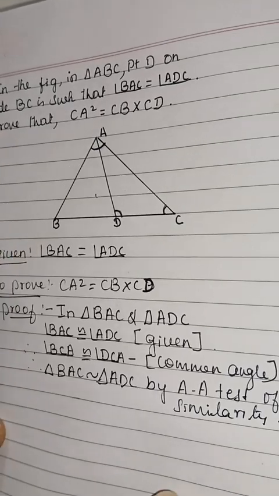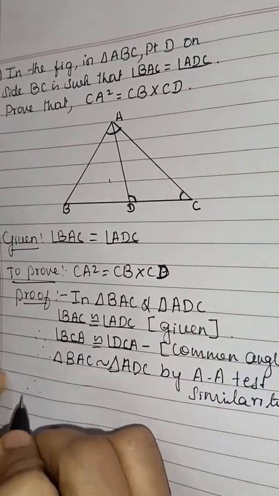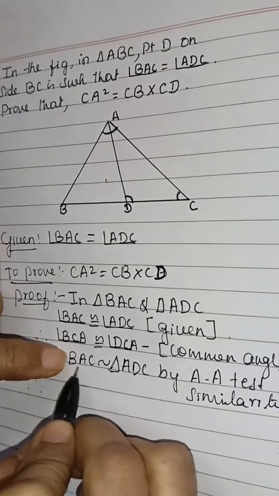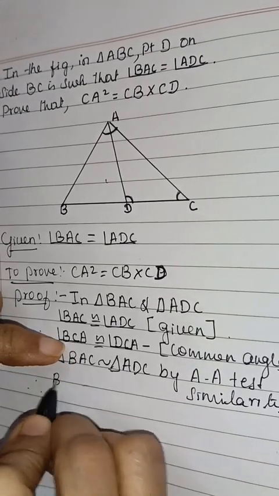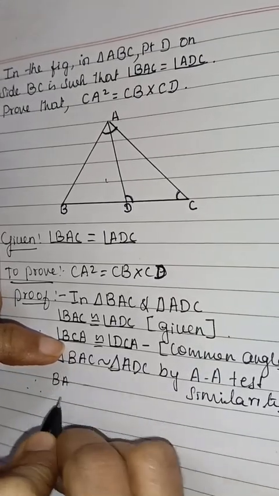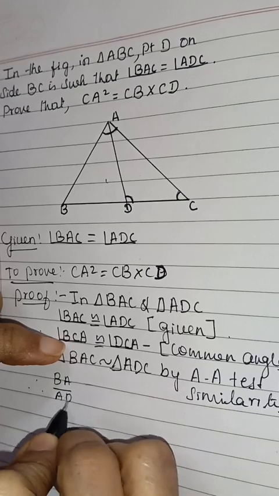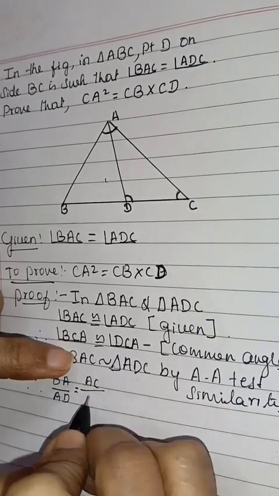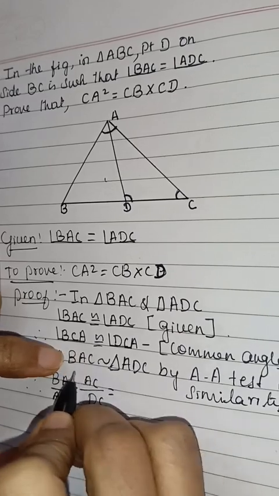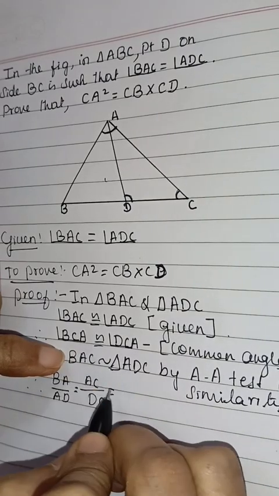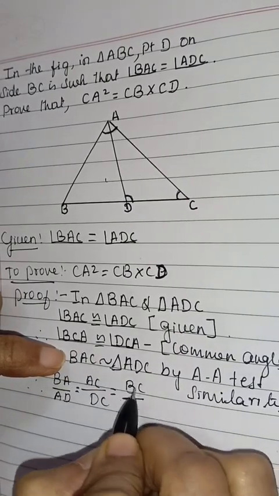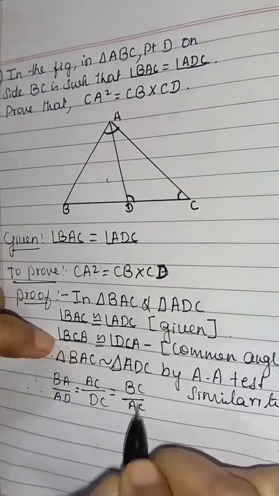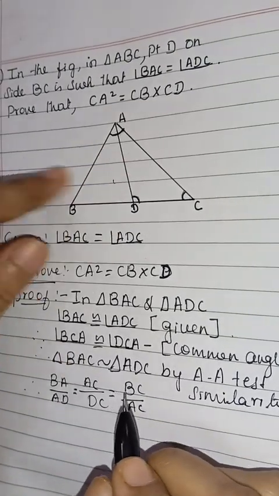Angle test of similarity. Therefore, now write the corresponding sides. Take these two triangles here. From here only write BA by AD equal to AC by DC equal to BC by AC. From here only you have to write the corresponding sides.